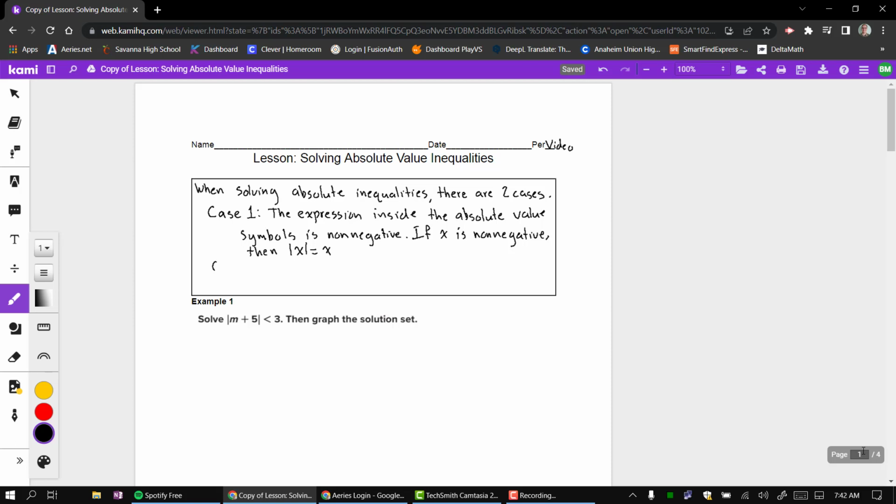Case two, the expression inside the absolute value is negative.